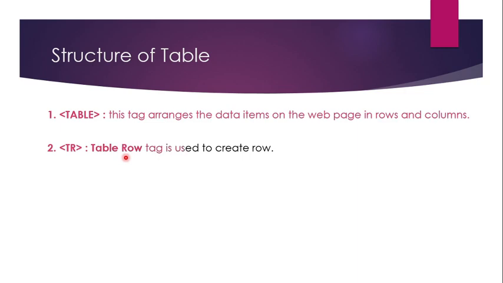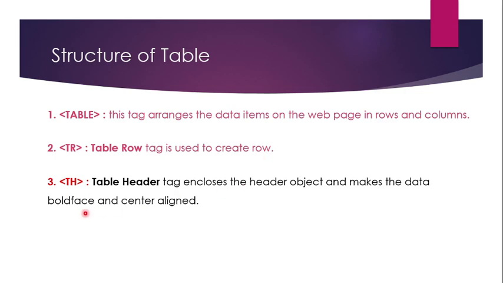It is used to create rows in the table. Another tag is the th tag. Th stands for table header. This tag encloses the header objects and makes the data boldface and center aligned. This tag you are going to use only once in the table, where you have to create your header.